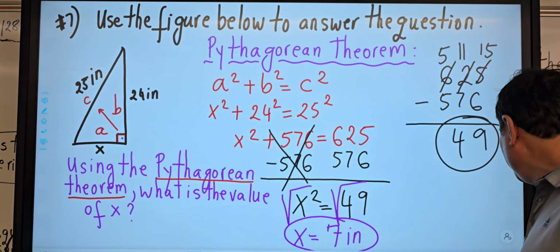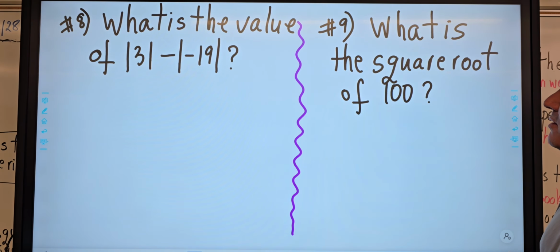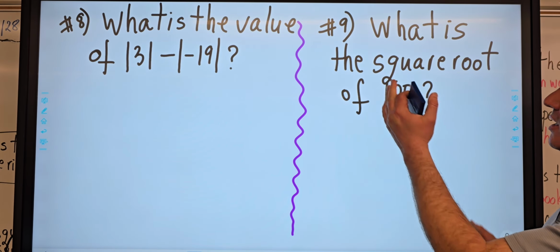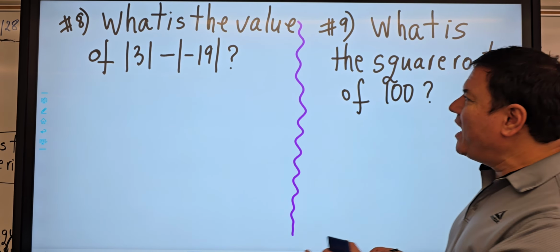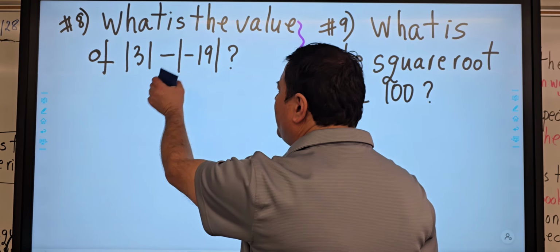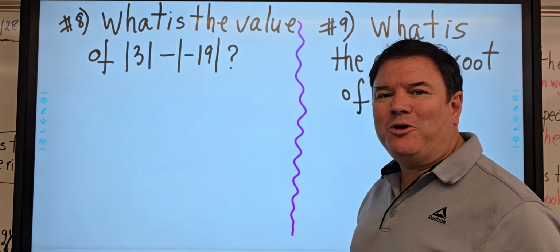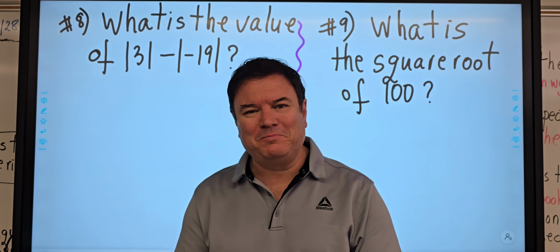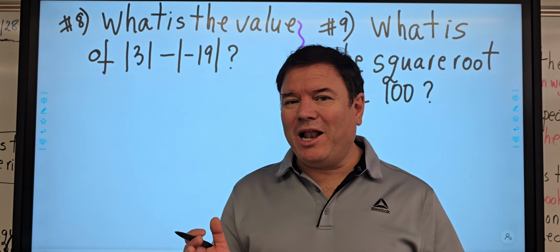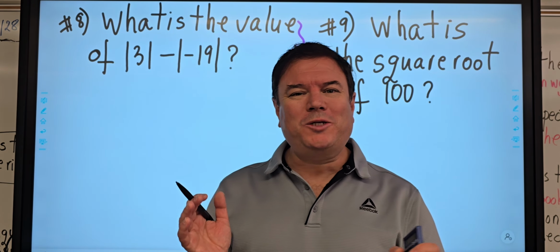And let's continue with these two problems here. In this problem we have, what is the value of absolute value of 3 minus absolute value of negative 19. Remember, absolute value is always positive.